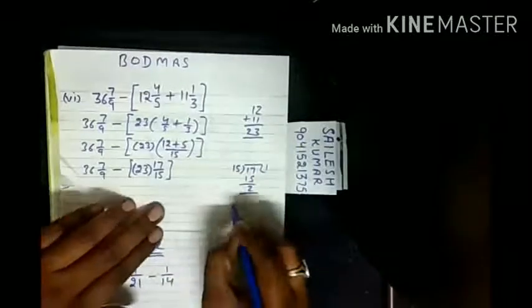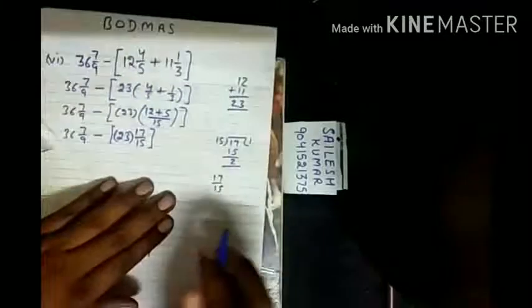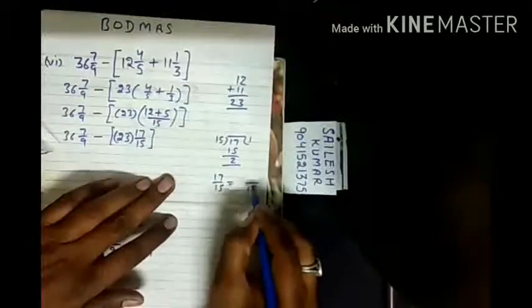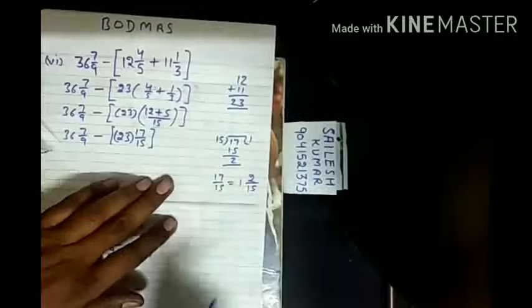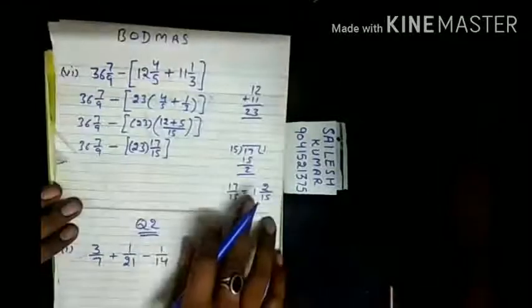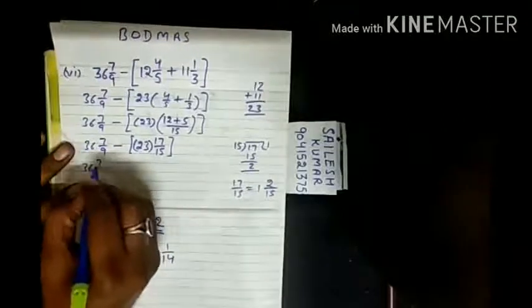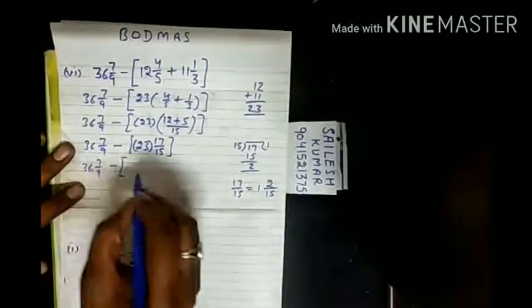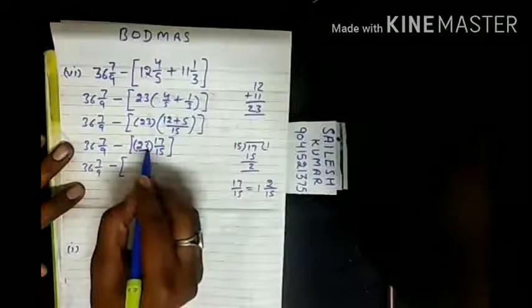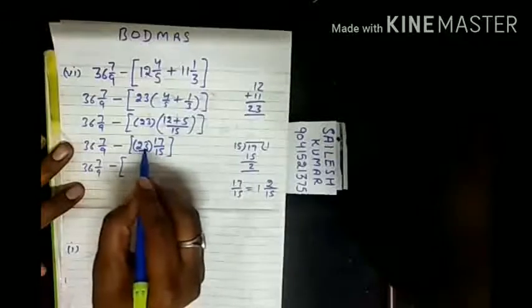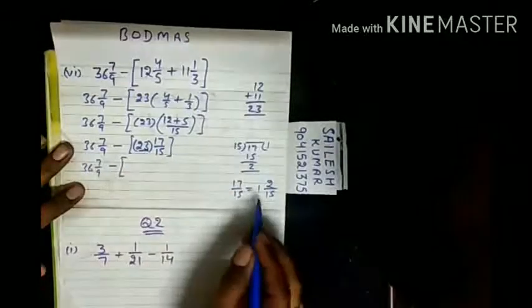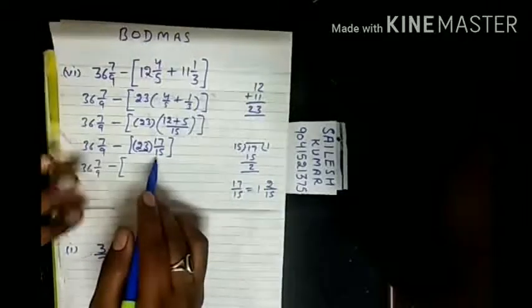So we can write 17 by 15 as, okay. Now one complete number is there. Here already we have how many complete numbers? 23, and one complete number is also there from 17 by 15.